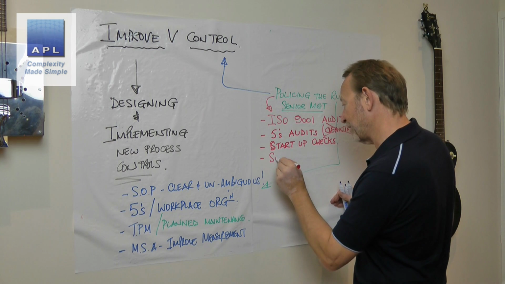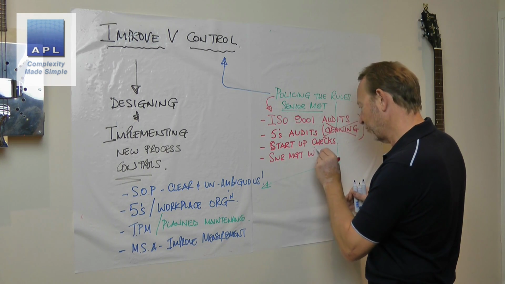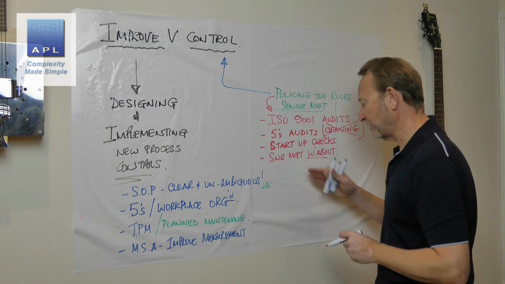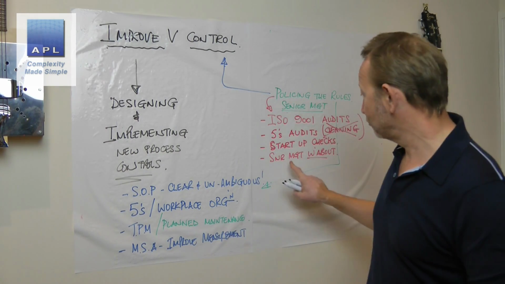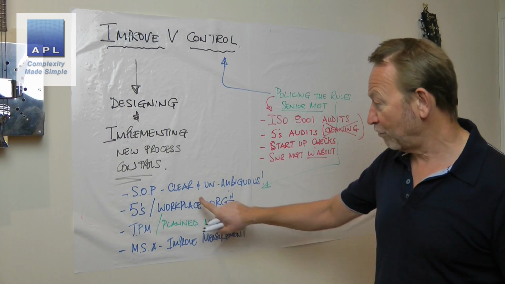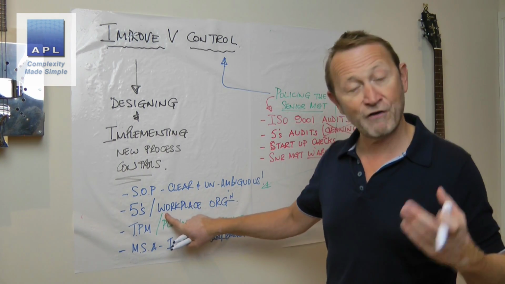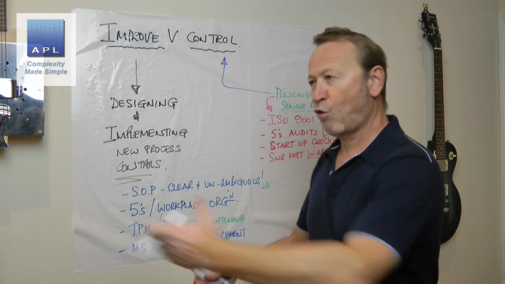It could be senior management walkabouts. I mean, these were super powerful when I worked at Sony. That process was brilliantly under control, and one of the reasons was the senior management walked the floor and they would look at all of this. They would walk the floor, and because we use 5S such a lot, because all the rules were visual, you could walk the floor.